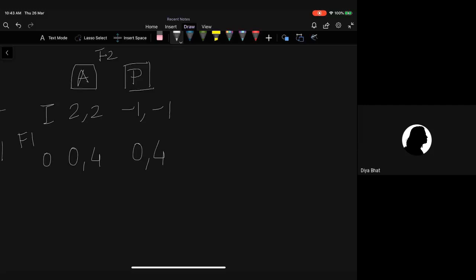So given this, we can try to find out the Nash equilibrium of this game. Let's consider the first case. So suppose firm 1 decides to enter. What is the best response for firm 2? It's to accommodate, right? Because if firm 1 enters, firm 2 gets 2 from A and minus 1 from P. Now, if firm 2 has a plan of action to accommodate in case firm 1 enters, what would be the best thing for firm 1 to do?